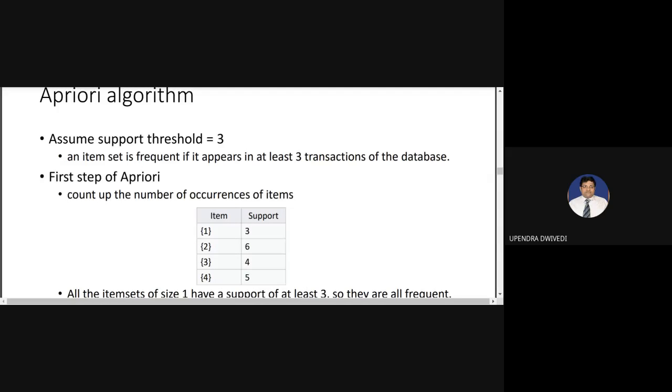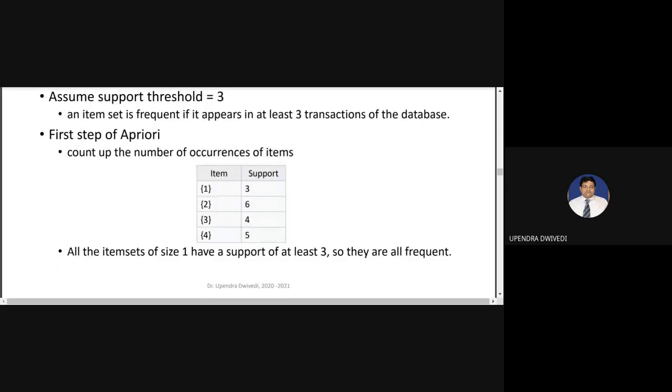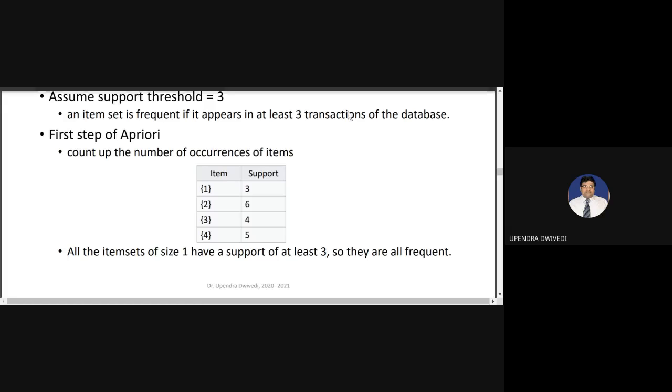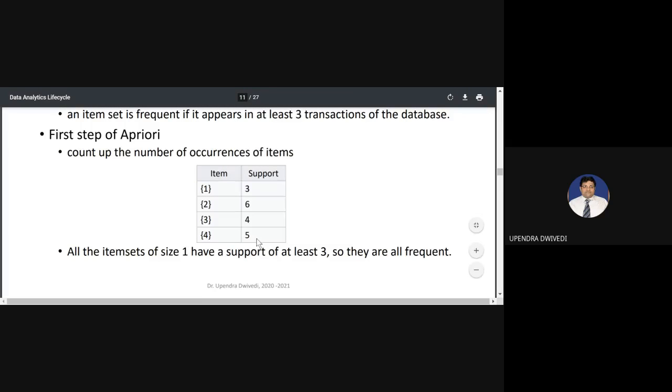Otherwise, we discard it. Here the support of item 1 is 3, item 2 is 6, item 3 is 4, and item 4 is 5. So all the items have a support greater than or equal to 3, and we'll consider all these items as frequent.